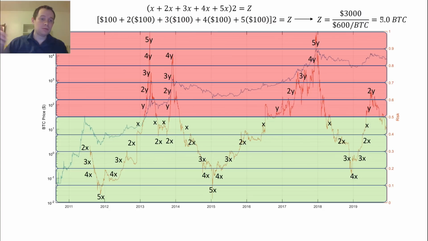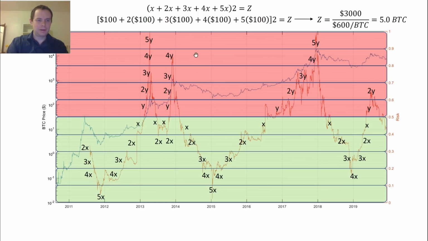Now, theoretically, we would have had more than 5 Bitcoin because we would have been buying $500 worth down here, and because we would have been buying $500 worth at the low, you would have already picked up, say, 2.5 Bitcoin just at that point because it was around $200. So you would have to keep that in mind.